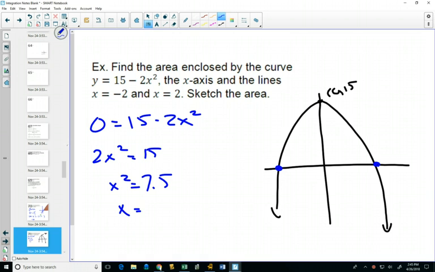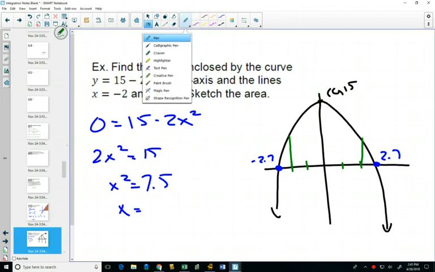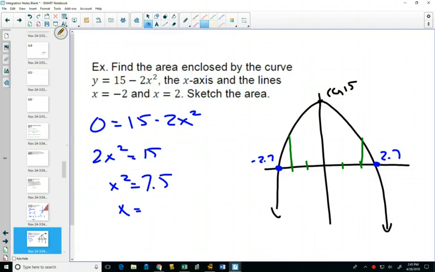So we would have on our graph negative 2.7 here and 2.7 there. So if I was finding the area between negative 2 and 2, and we're going to demonstrate some learning.